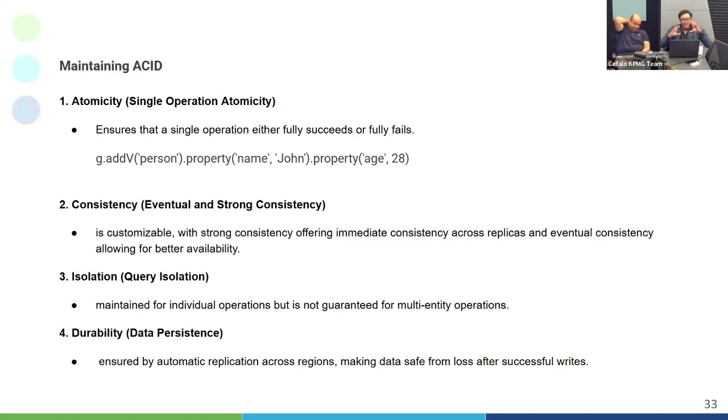That means we write the queries and try to execute the query as a whole. If the query succeeds, then the write operation will happen, and if it fails, no operation will happen. So we execute the whole query together. Consistency and isolation are the same as others.